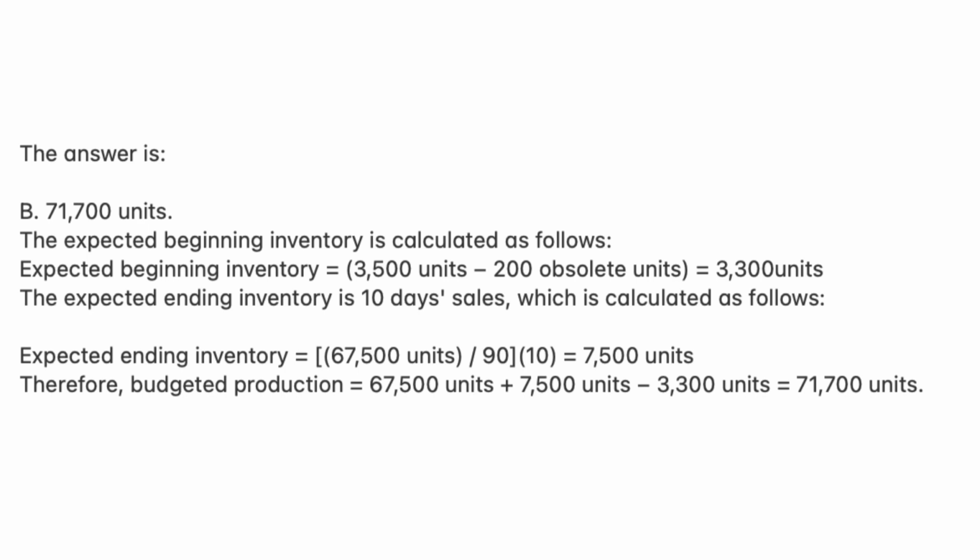The expected ending inventory is 10 days of sales, which is calculated as follows. Expected ending inventory equals 67,500 units / 90 × 10, which equals 7,500 units. Therefore, budgeted production equals 67,500 units plus 7,500 units minus 3,300 units, which equals 71,700 units.